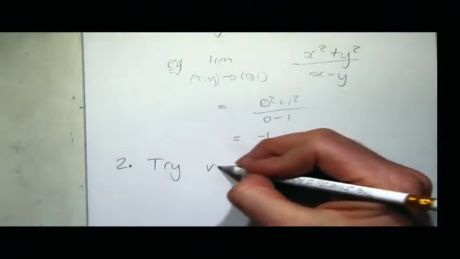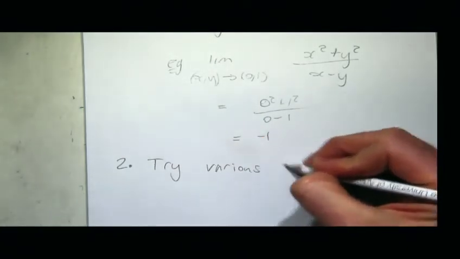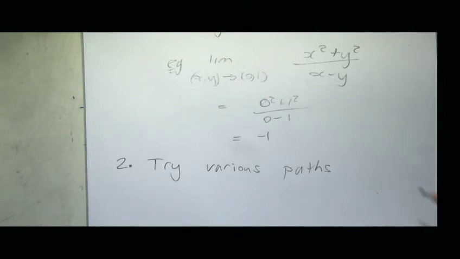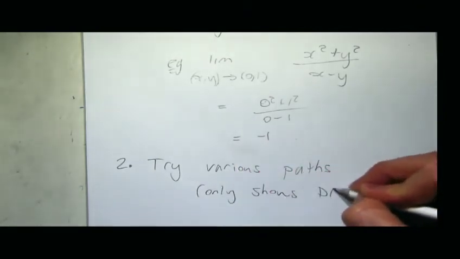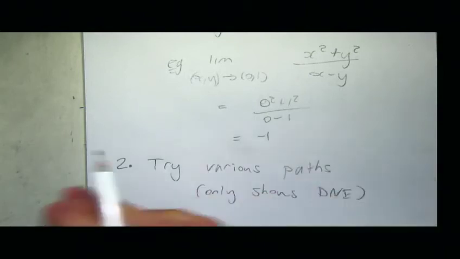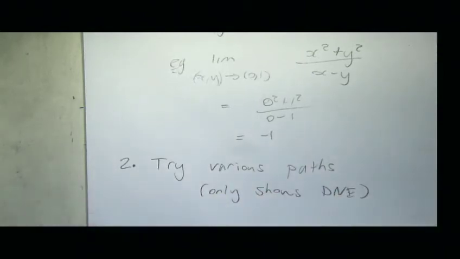Number 2 is try various paths. This will only prove that something doesn't exist, though. Okay, so to prove that it does exist, you have to show that it does exist for any possible path, but in order to show it doesn't, you just have to find one where it doesn't.